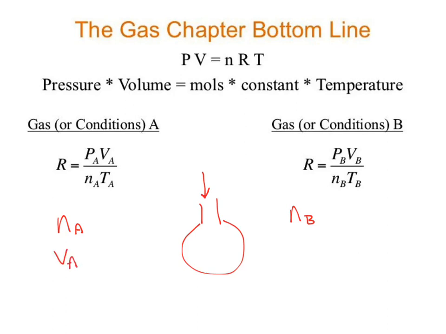I have my starting conditions for volume A. Temperature A and pressure A. If my volume cannot change, what is my volume at conditions B? The volume stays the same, but your temperature and pressure are going to increase. Okay. My volume stays the same.